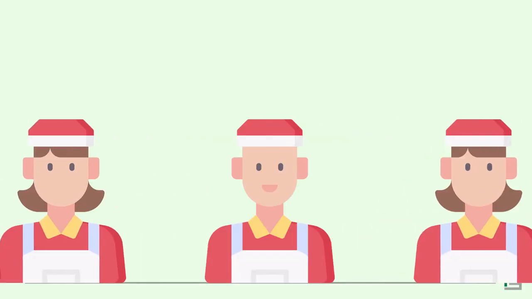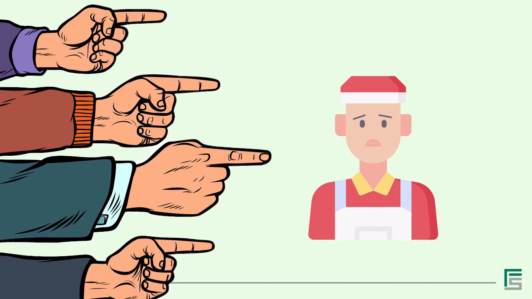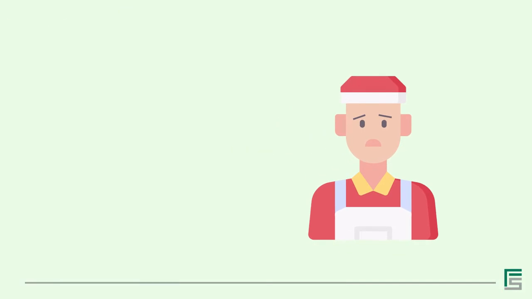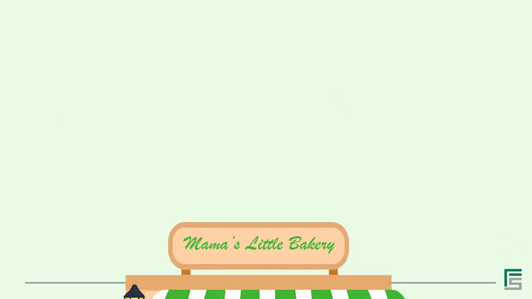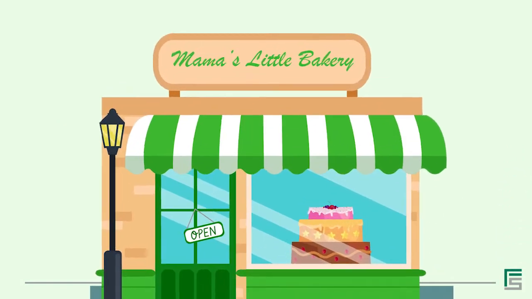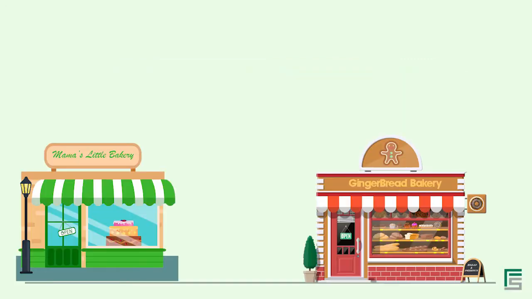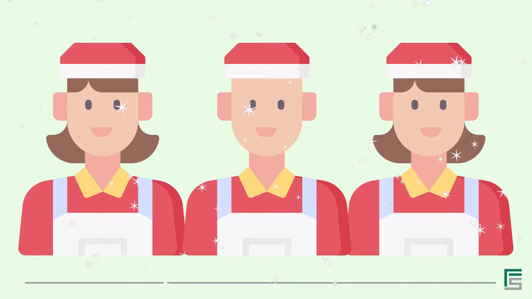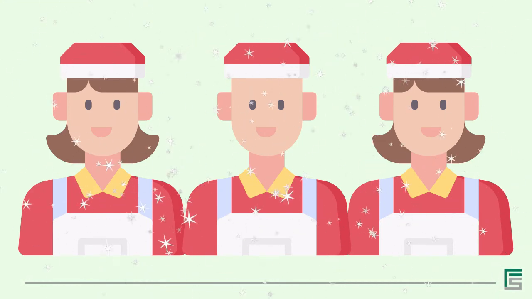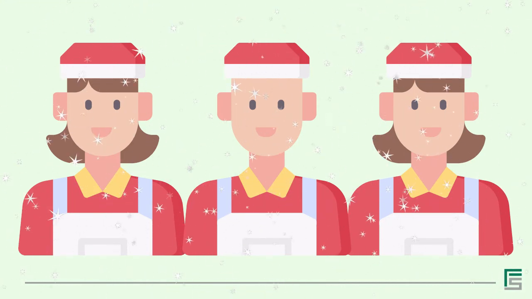Larger businesses can isolate employees and make them feel less appreciated, which can result in a drop in productivity. This has a higher chance of occurring at our rival Mama's Little Bakery, where the workers are more numerous than at Gingerbread, where despite the small number, each worker is aware of the importance of his or her work.